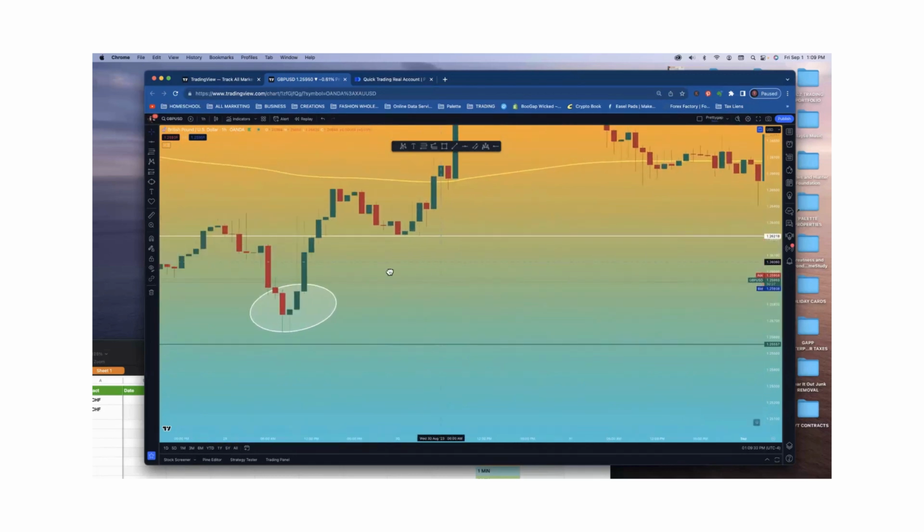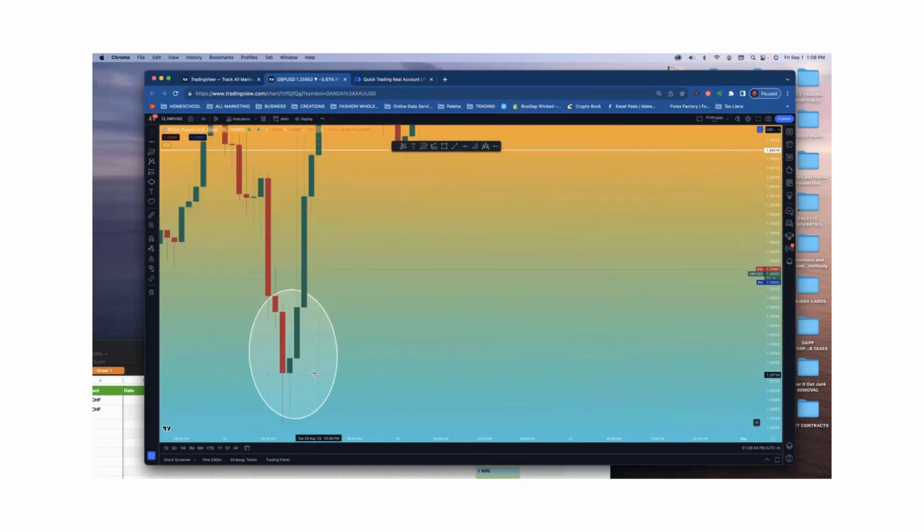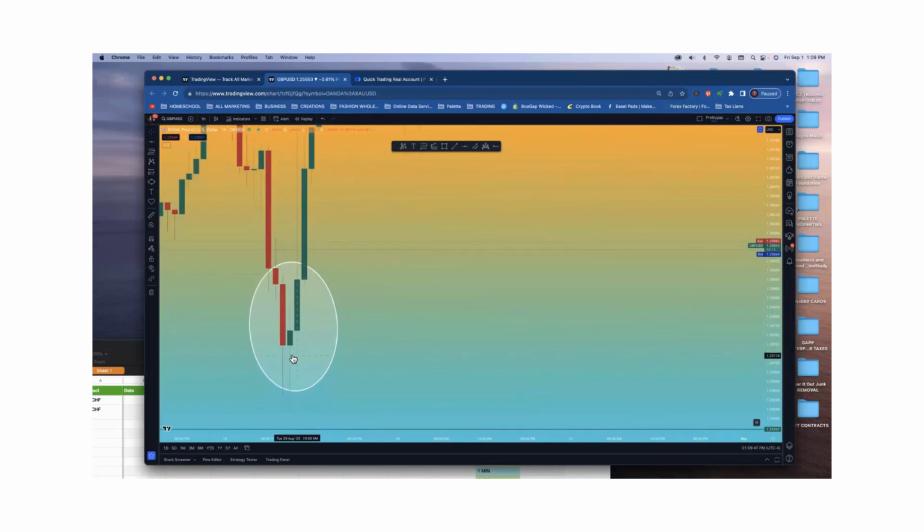Now, this isn't as big of a sell as, say, the other move, but same thing. Price is falling. It gets to where it cannot break, and it opens bullish. It couldn't break this price and opened up bullish. Your entry candle is the next candle.